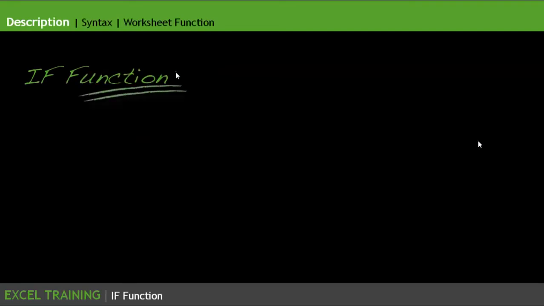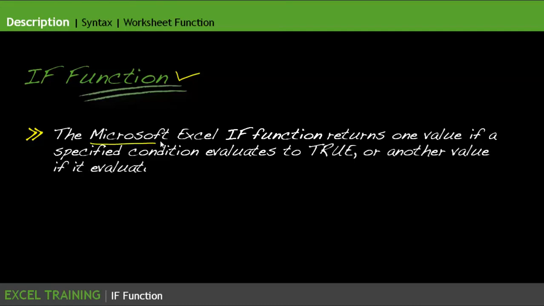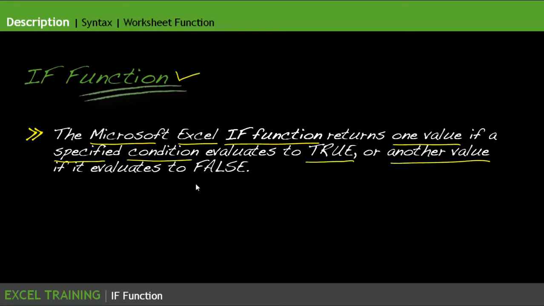What the IF function does is it evaluates the condition and gets some values based on the true and false outcomes of the condition. The definition says the Microsoft Excel IF function returns one value if a specified condition evaluates to true, or another value if it evaluates to false.